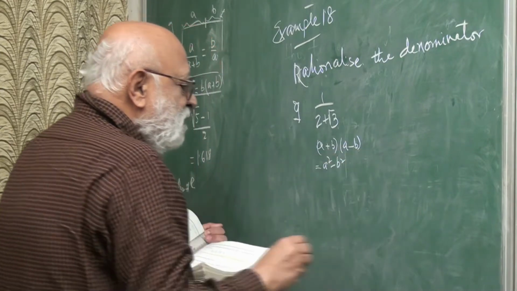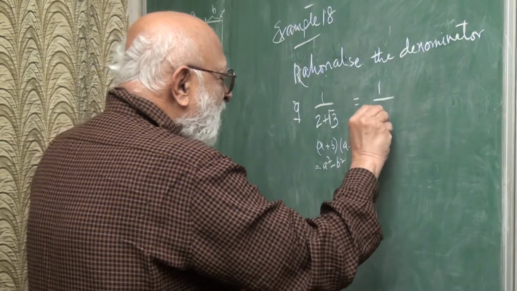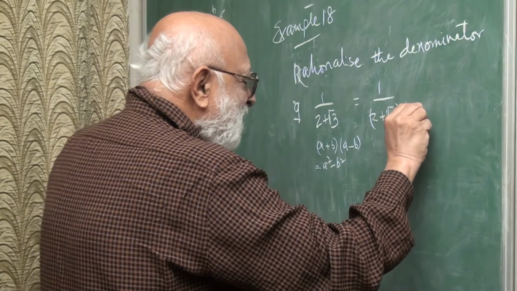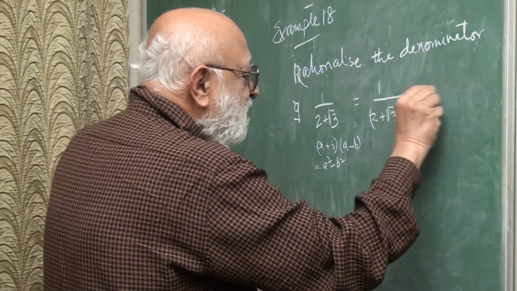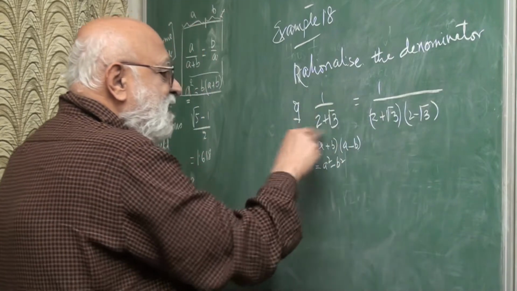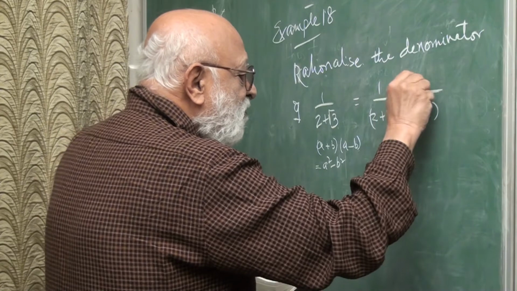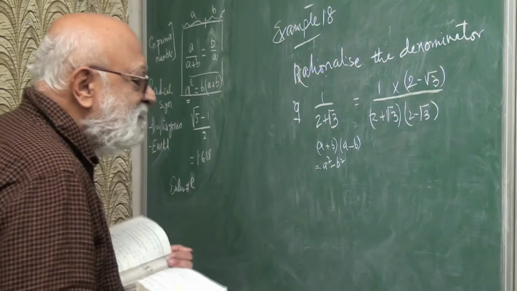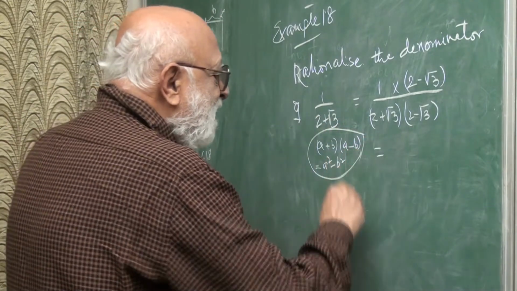So then I will do 1 upon 2 plus root 3, multiply it by 2 minus root 3. In order to not change the value of this number, I have to multiply the top also by 2 minus root 3. Okay, so utilize this identity.